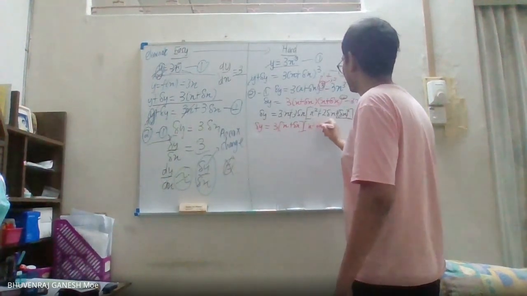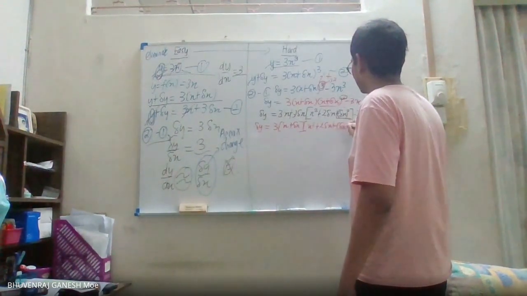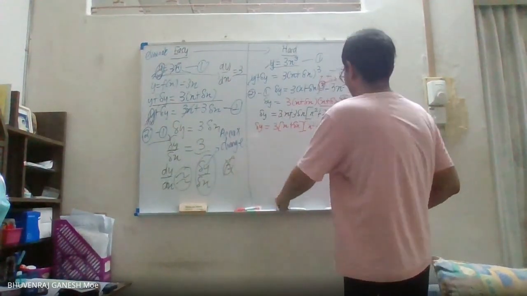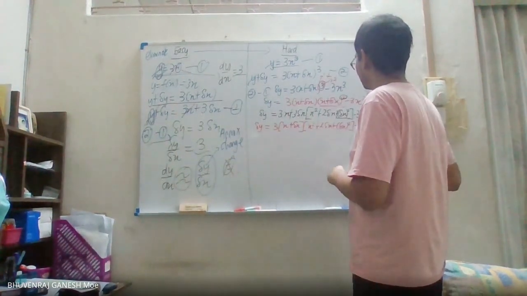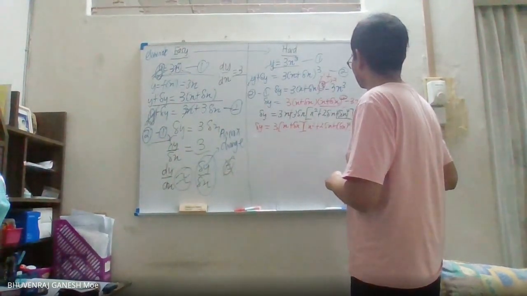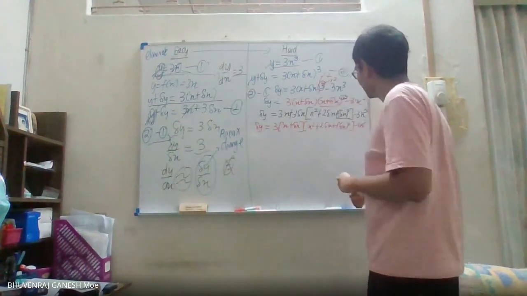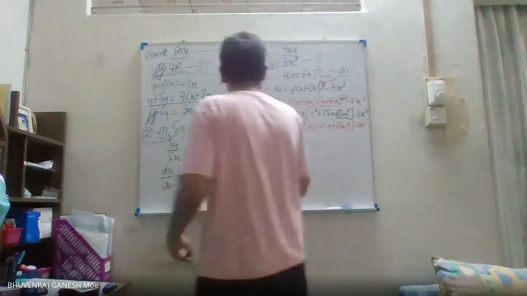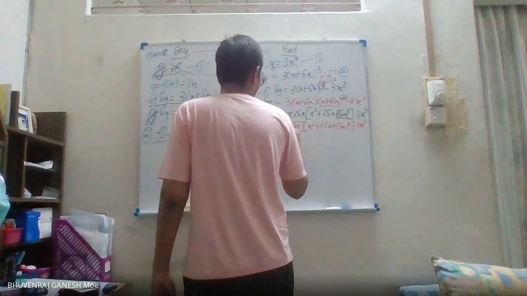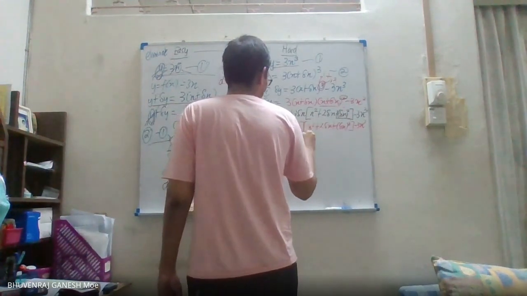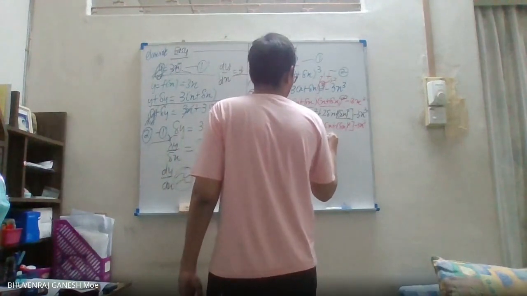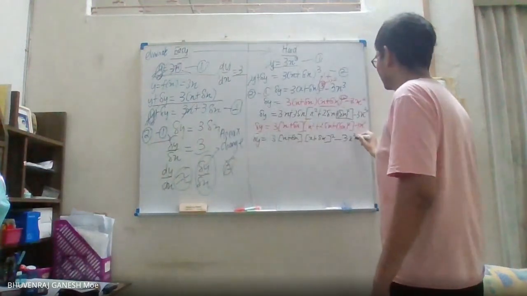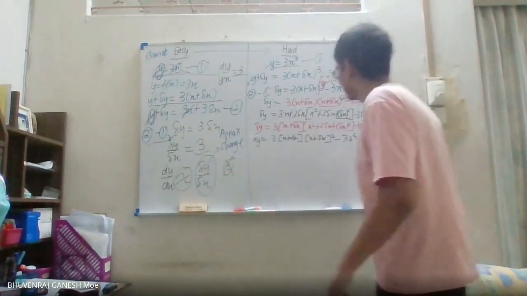So you'll get x squared plus 2 delta x plus delta x squared minus 3x cubed. Wait, isn't it the same thing? Delta y equals 3x plus delta x plus delta x squared minus 3x cubed. Okay, x squared plus 2 delta x plus, yeah, correct.